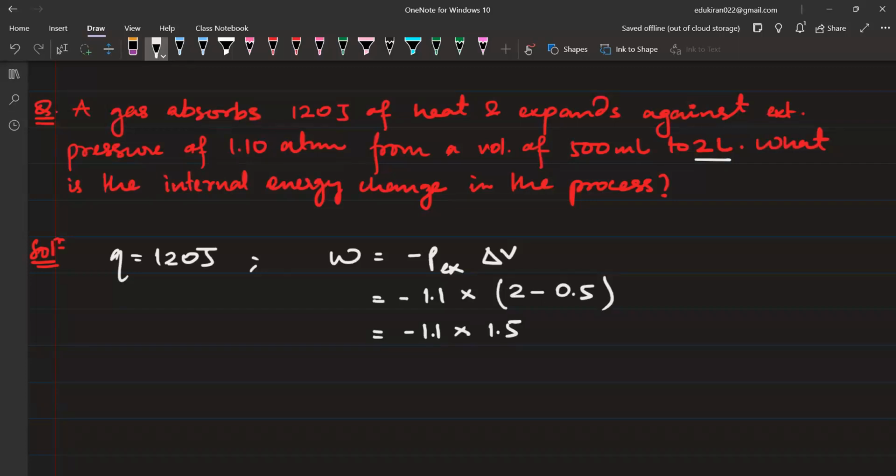ठीक है, now 1.5 into 1.1, तो 15 into 11 कर सकते हैं ना, तो 165, and there are two decimal points, so 1.65. This will be equal to minus 1.65.